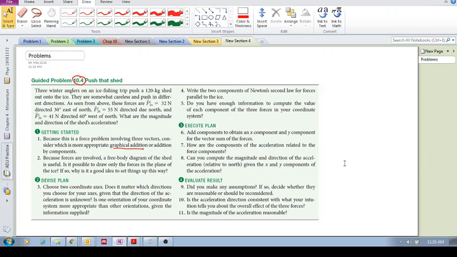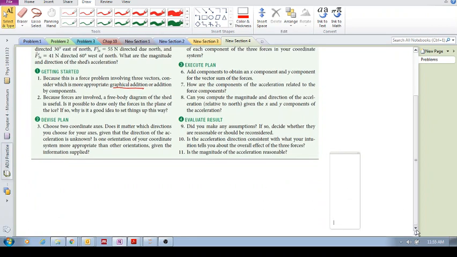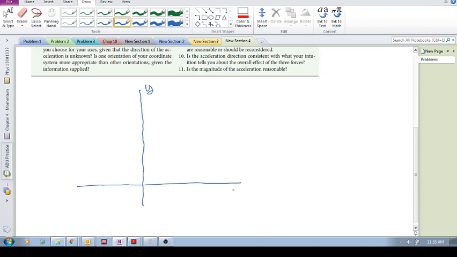Let me just make some space down here. So, graphical addition. Let's use blue for the y-axis, and there's our x-axis.